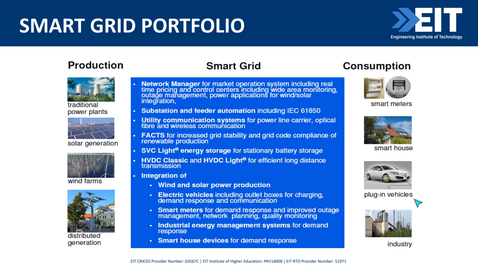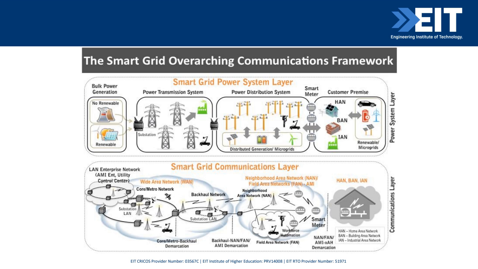So if you look carefully, here is my network, my friends. That's my network, where I have my generation, I've got my transmission, I've got distribution, all my smart meters, and this is at the customer end, where I've got my home area network, building area network, industry area network, and all my electric vehicles, etc., my PV panels, my transmission line, my smart meters. But now on top of that, I've got a new layer, my friend.